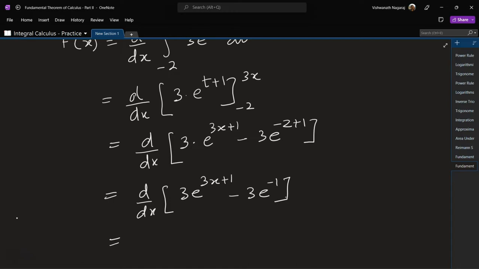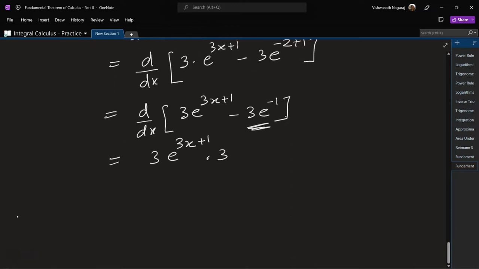Now let's differentiate this. This is a constant, so it becomes 0 when we differentiate, and we just have to differentiate this. So this would be 3e to the power of 3x plus 1 times 3. So this would be 9e to the power of 3x plus 1.